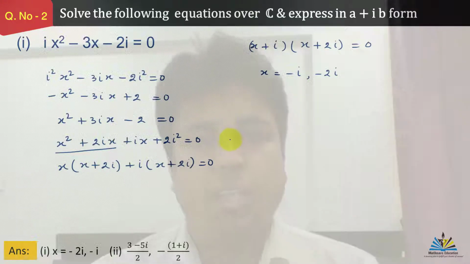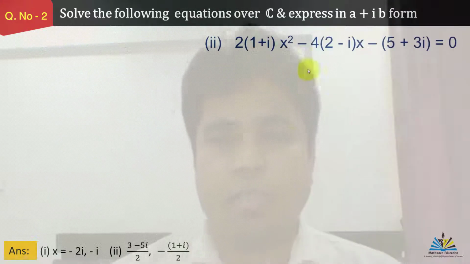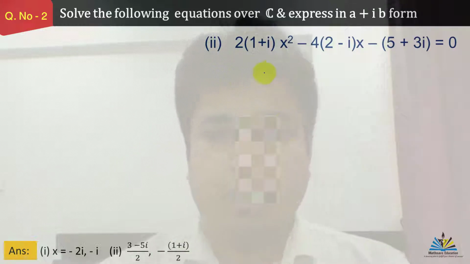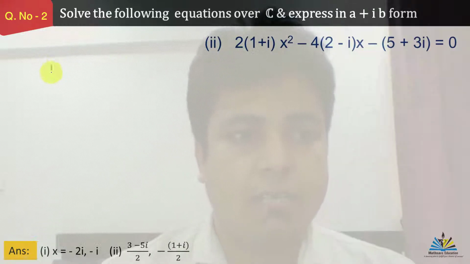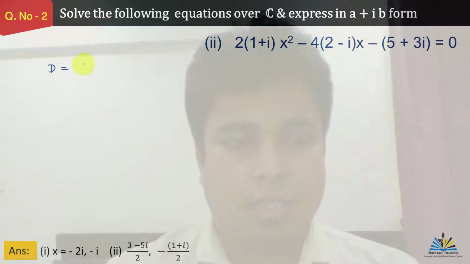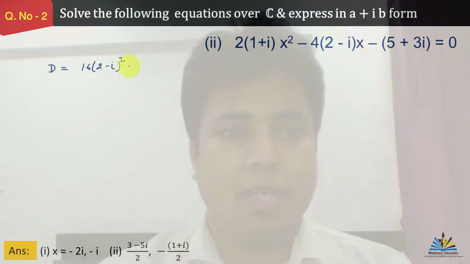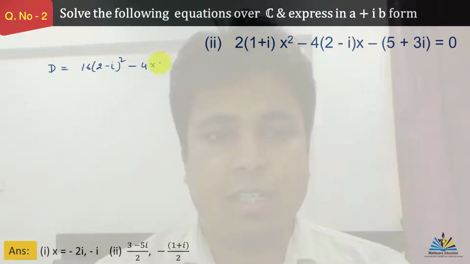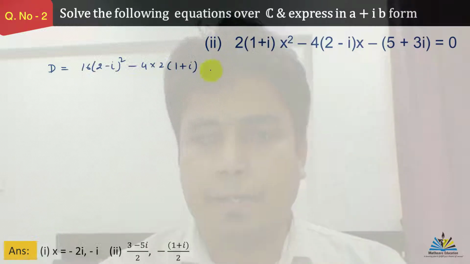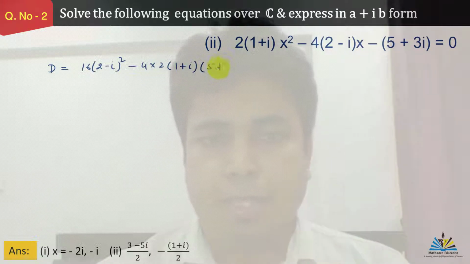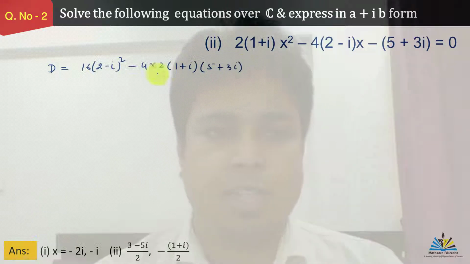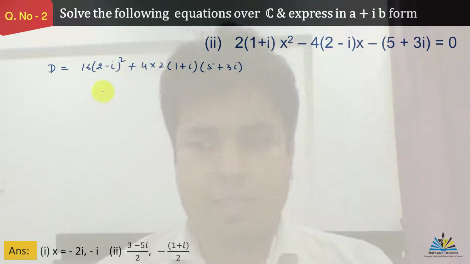Let's move on to the next equation. This is the equation. Let's find the discriminant of this, that is b square minus 4ac: 16 times 2 minus i whole square, minus 4a, that is 4 into 1 plus i, into c, that is 5 plus 3i, and minus minus becomes plus.